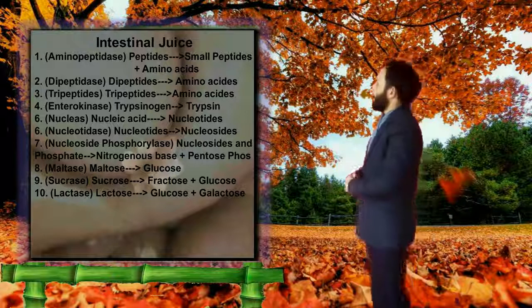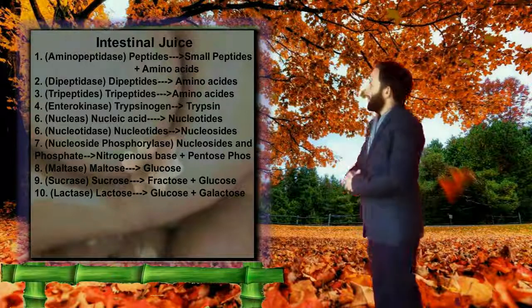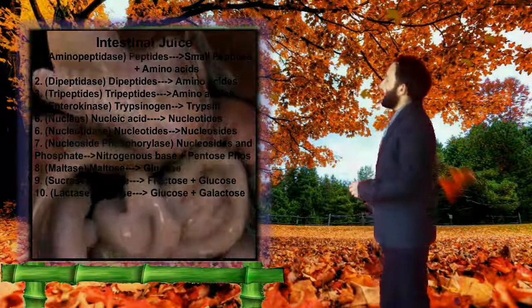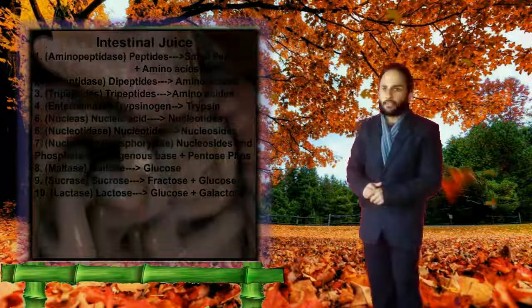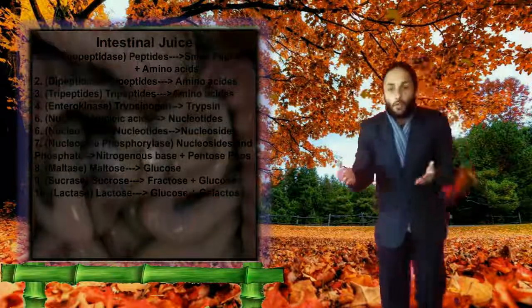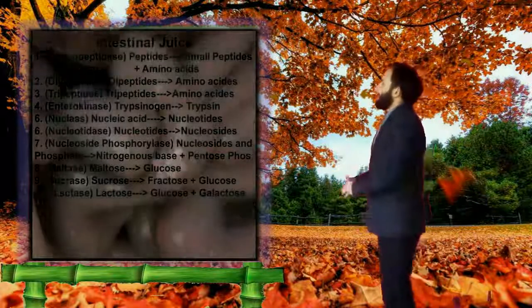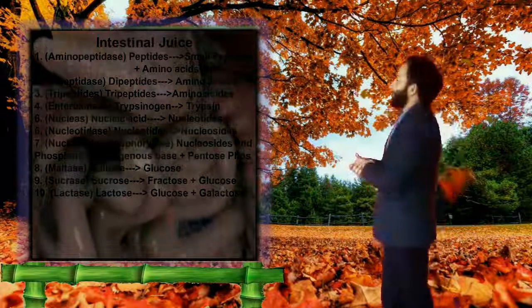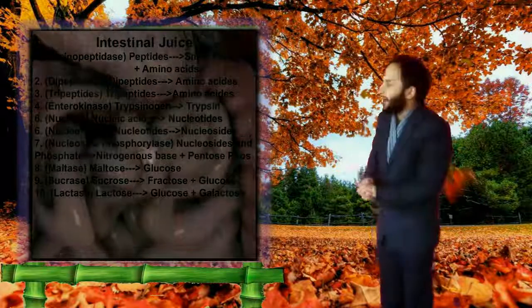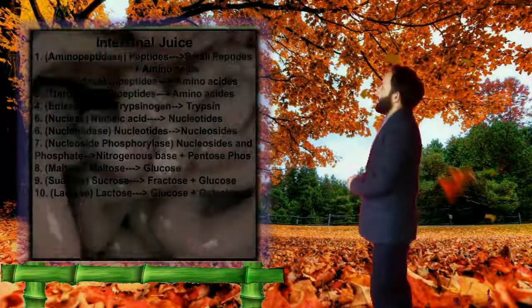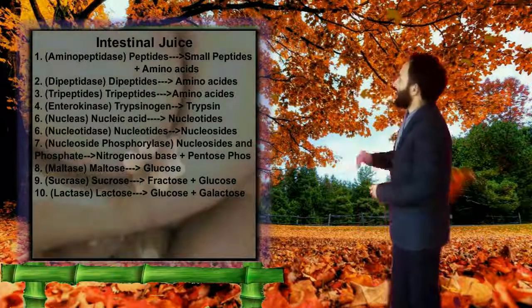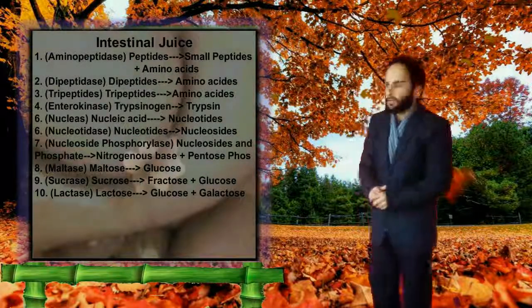Enterokinase converts trypsinogen into trypsin. Nuclease converts nucleic acid into nucleotides. Nucleotidase converts nucleotides into nucleosides. Nucleoside phosphorylase converts nucleosides and phosphate into nitrogenous bases and pentose phosphate.